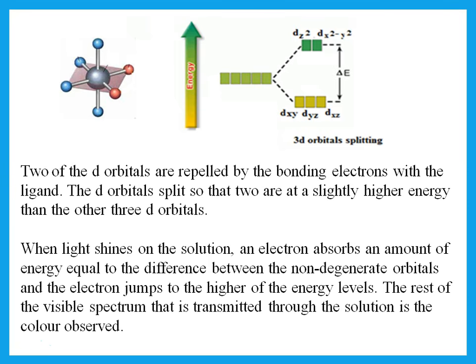So electrons in one of the lower three d orbitals will jump to the higher d orbitals, and the rest of the visible spectrum that is transmitted through the solution is the color observed. So some of the visible light is absorbed to allow the electron to jump to the higher energy level, and the rest of the colors is what we see.